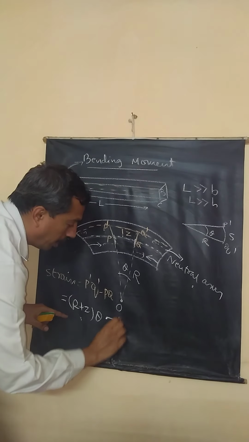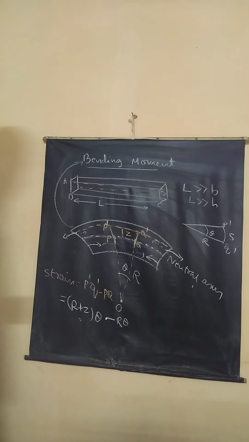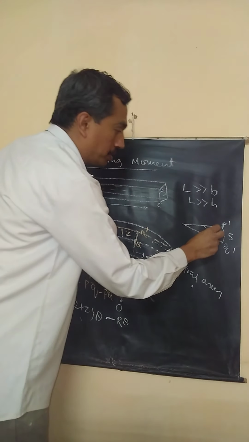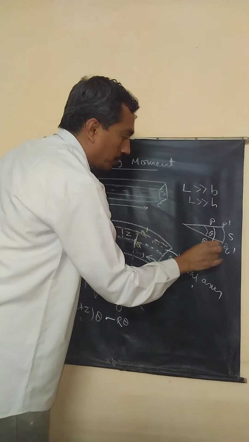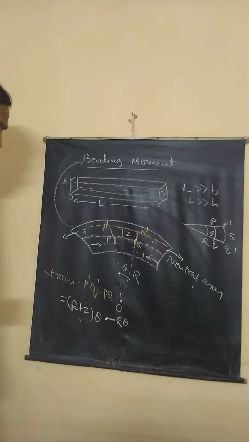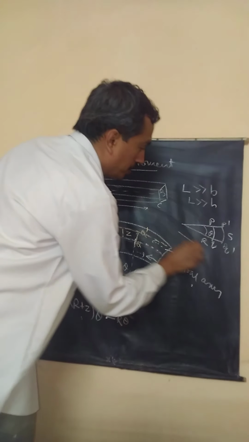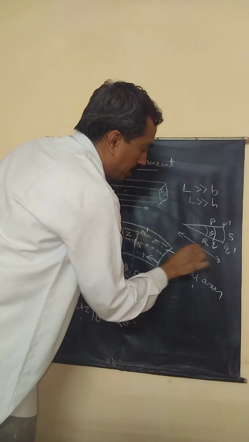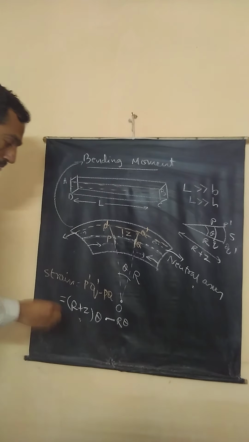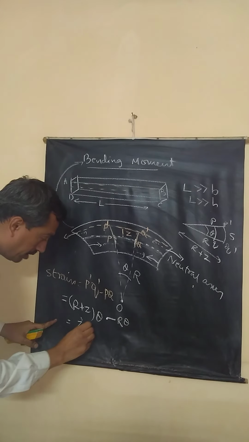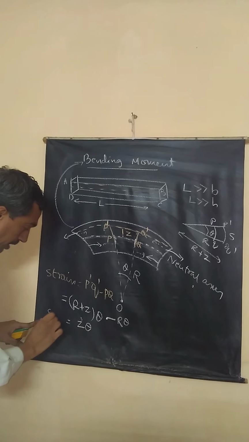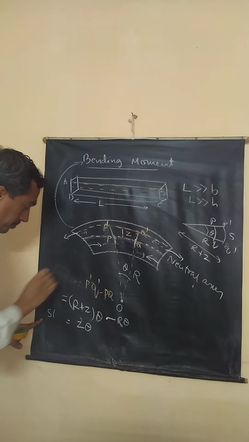PQ is R into theta. This is R plus z. So now simplify this. z theta is the change, the strain.